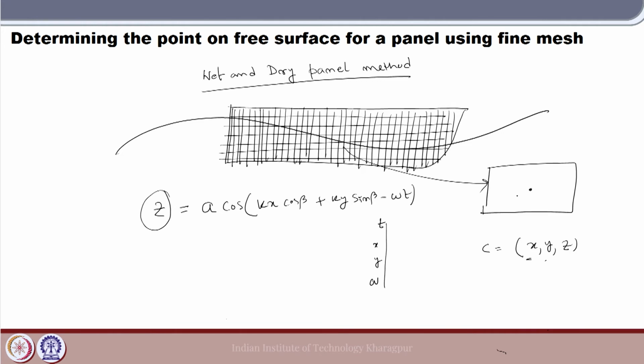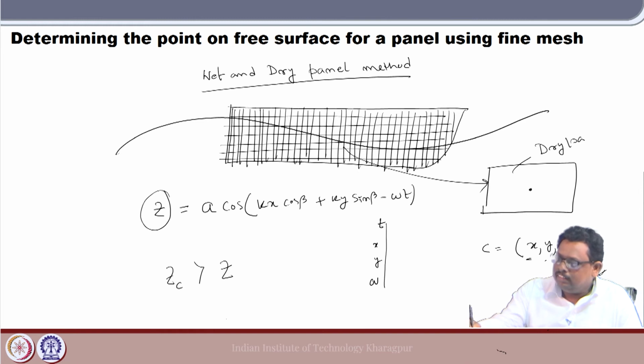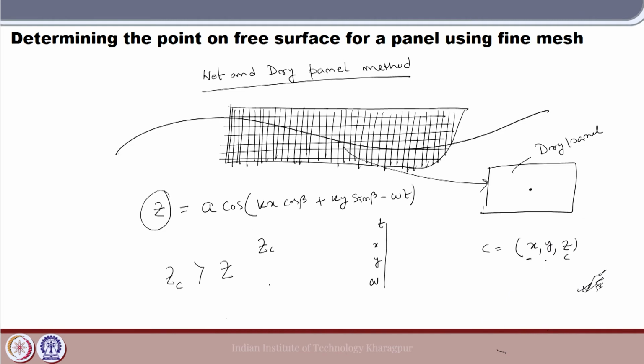Now, you check the z of the centroid, which I can call z_c. If it is more than the wave elevation z, then I can call this panel a dry panel. And if z_c, the centroid, is less than the z wave elevation, I can call that panel a wet panel.